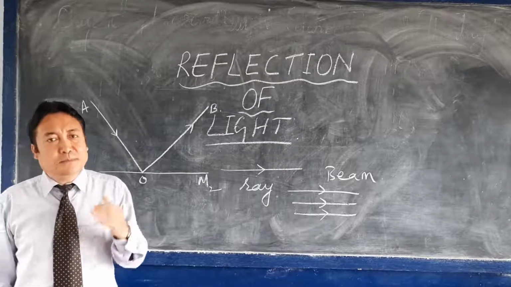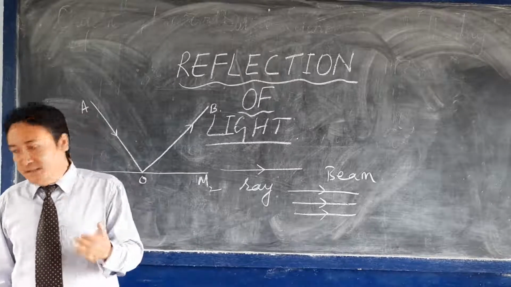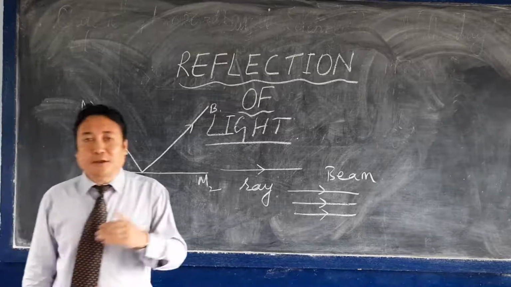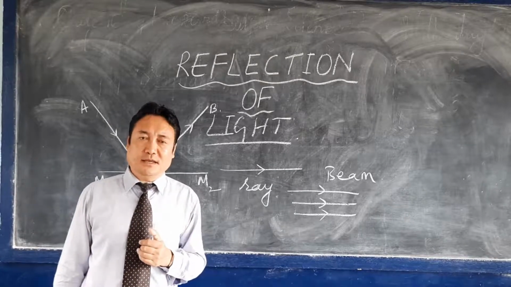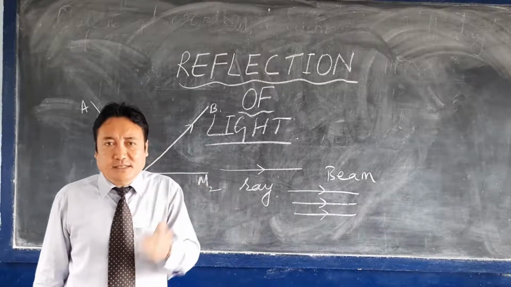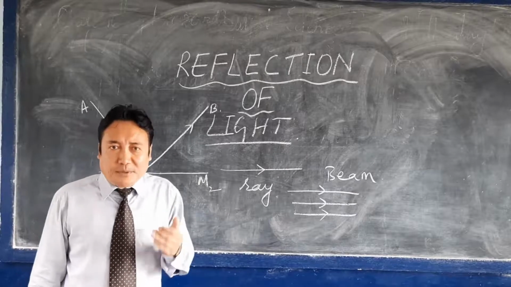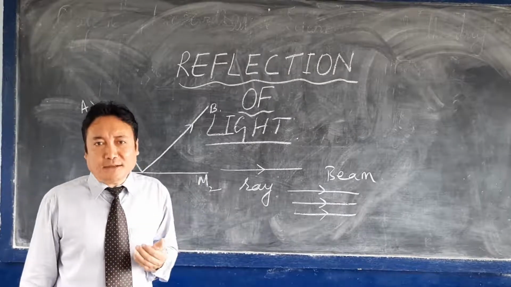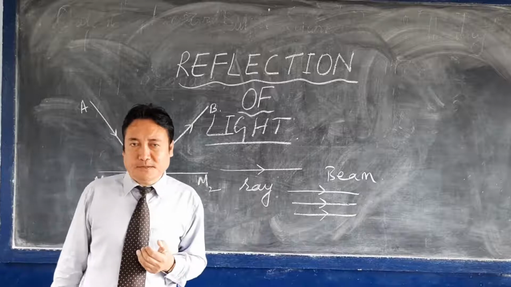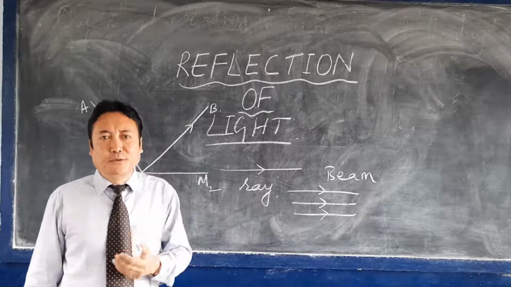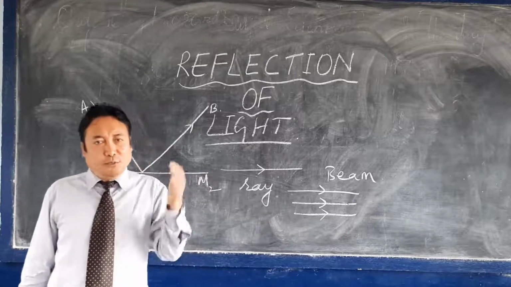Now let us consider a beam of light when it is incident on an opaque surface. Opaque surface means one through which light cannot pass. Table, chair, book, all these are opaque objects.